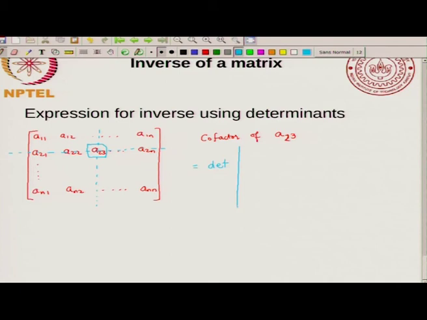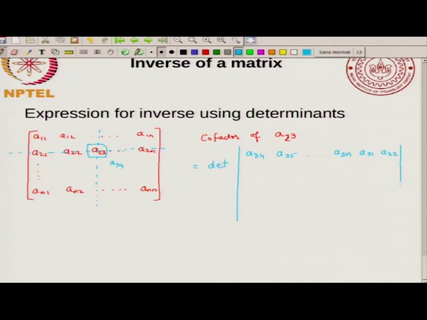The matrix starts with A34, A35, all the way up to A3n, and then you are still left with A31 and A32. So that's how you write the cofactor.